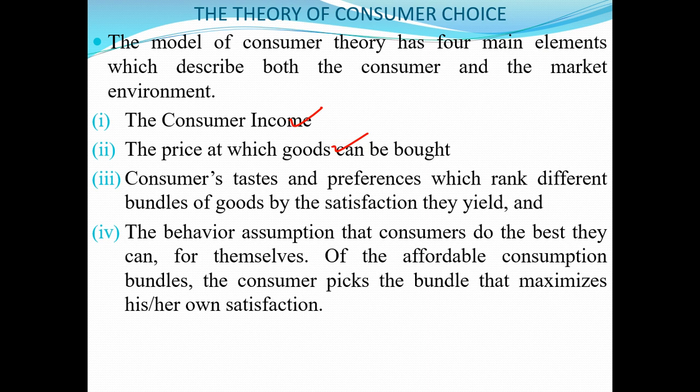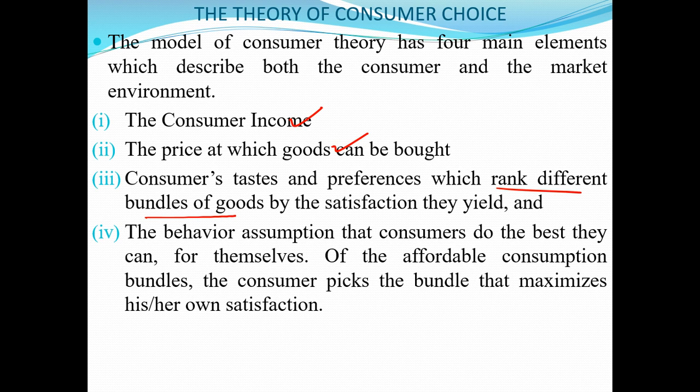Practically the basic model of consumer theory has four main elements. We have got the consumer's income, the price at which the goods can be bought, then also issues to do with consumer tastes and preferences. These consumer tastes and preferences will help us rank different bundles of these goods according to the satisfaction that the consumer derives from the consumption of those commodities.